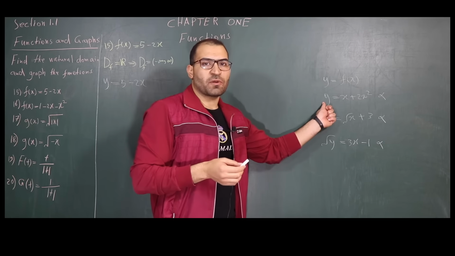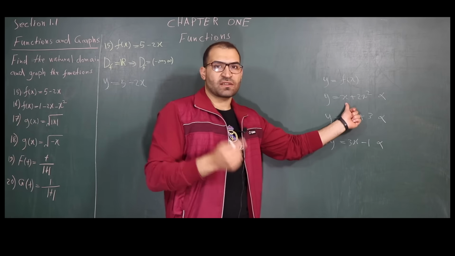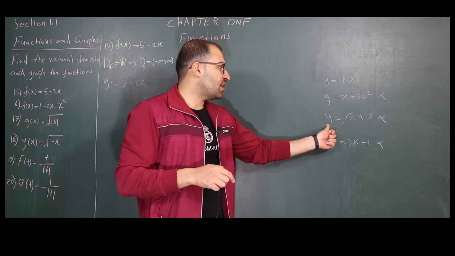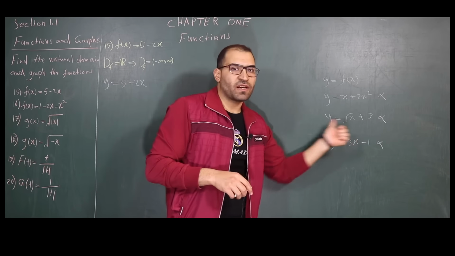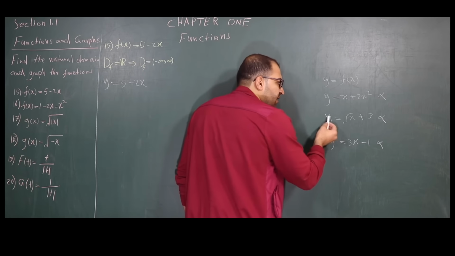We need all the exponents of the variables y and x to be just 1. And this is not a linear equation because the exponents of x and y are not just 1.